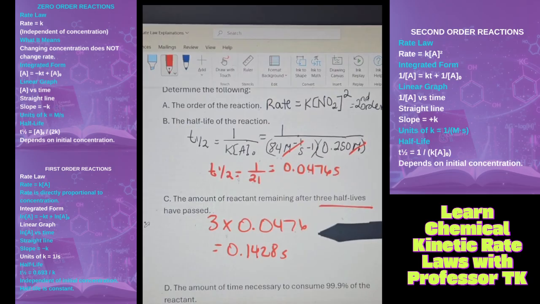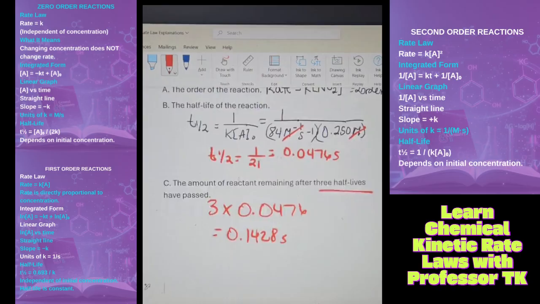Now, this question says the amount of reactant remaining after 3 half-lives. So first thing you got to do is calculate the number of half-lives that has passed. Then you've got to plug it back into the second order integrated law, okay? So this problem here would have a multiple component to it. But you have to do this part right here first in order to do this second step over here.